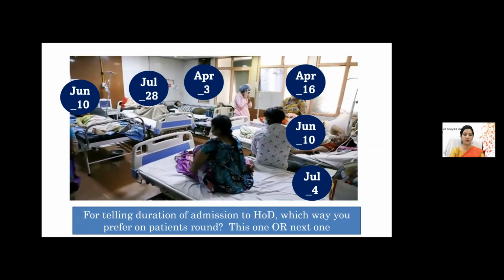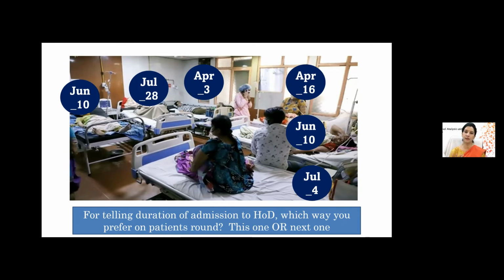So in this case, you can see that if a patient is admitted to, maybe, a general ward, now again I'm emphasizing the time part, how you should record the time. If you convey to the head of the department that this patient has come on 10th of June, 28th of July, 3rd of April, 16th of April, it is difficult to communicate.